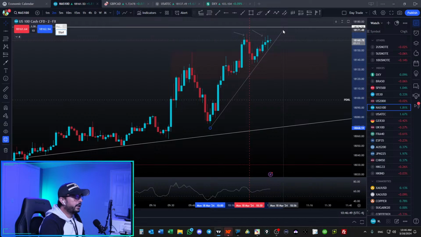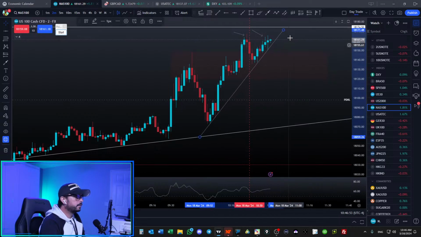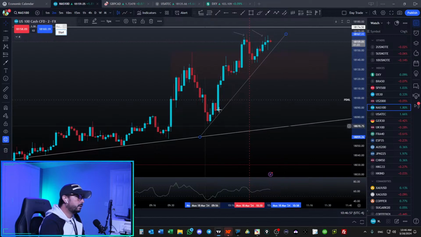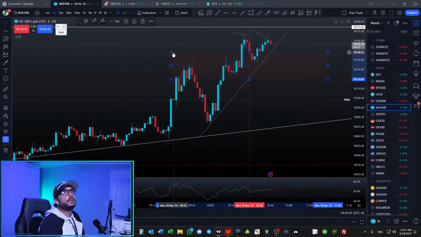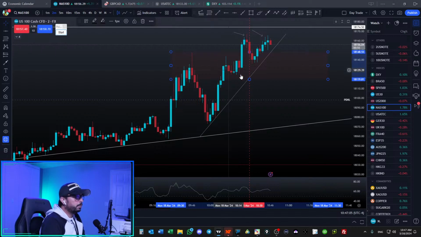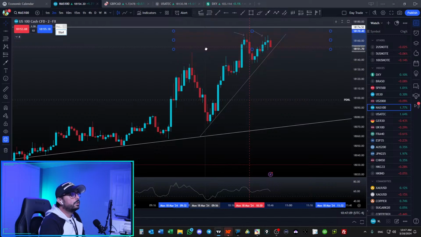So we're looking at this now, which kind of makes more sense at the beginning. So let's wait on that. Take this order block, it kind of moved towards there.